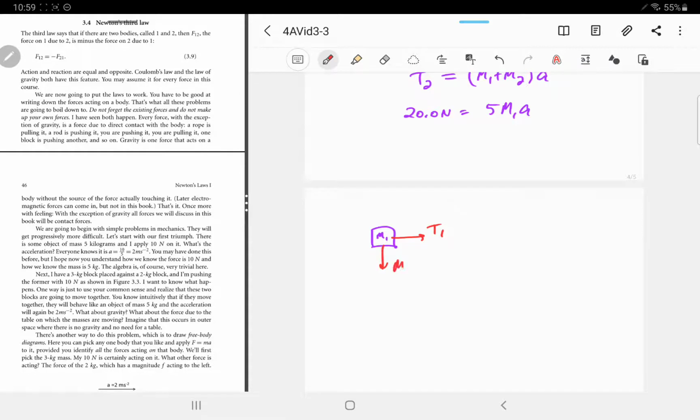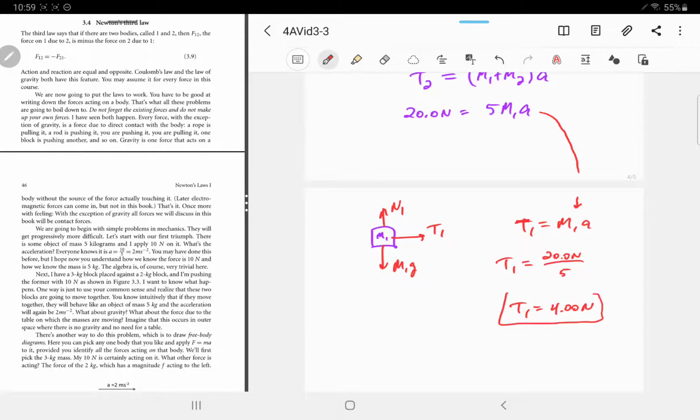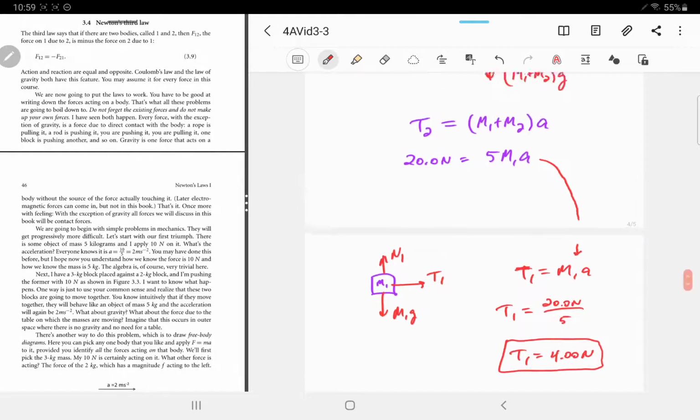So now for this free body diagram, we have T1 is equal to M1A, and then we plug in this piece of information. See, it's basically the same thing as the other solution, right? So you might complain that this is the same exact thing. And yeah, you'd be right. So T1 is, it looks like 20 over 5, or 4 newtons. So we arrive at the same answer in a slightly different way.